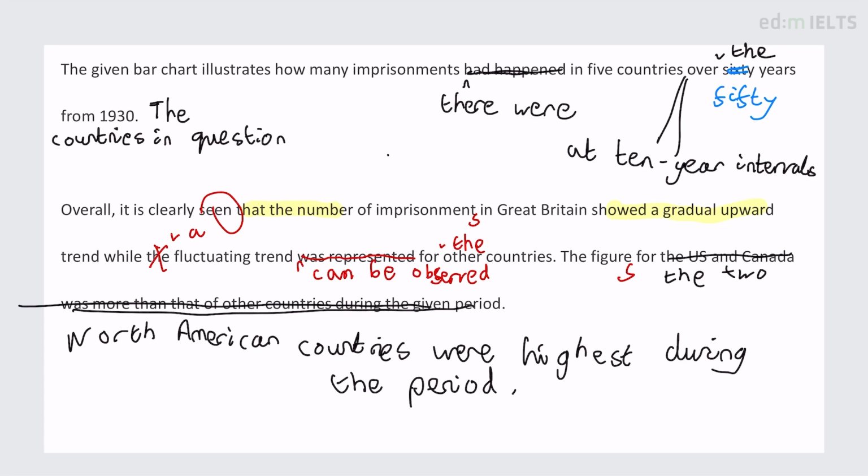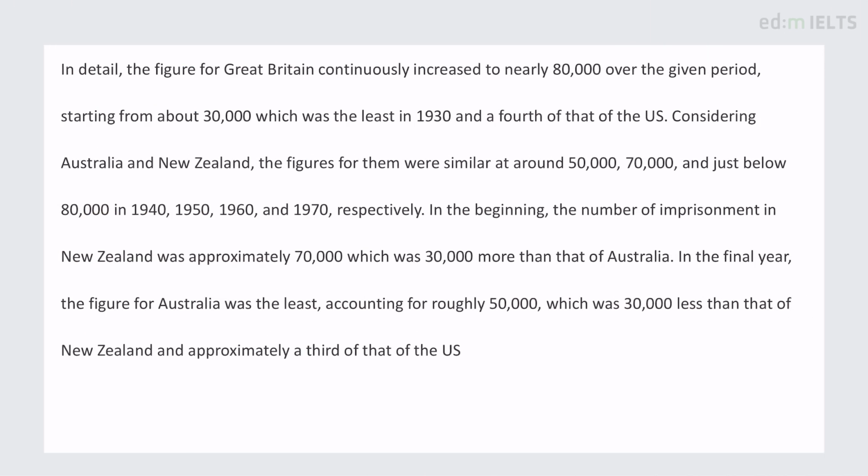The countries' data are provided for. The countries in question are, I'm not going to write it all, but, Great Britain, Australia, New Zealand, the United States, and Canada. To save space, I won't write the names.